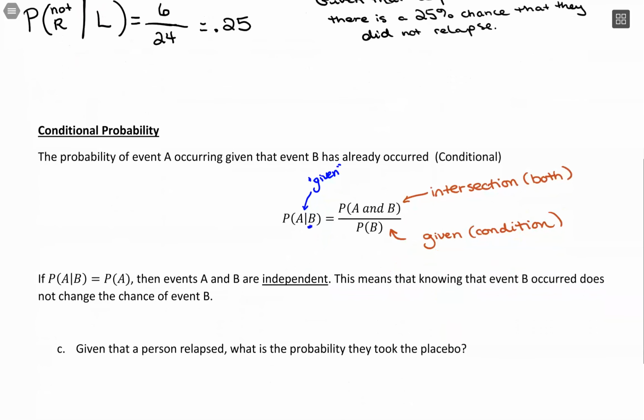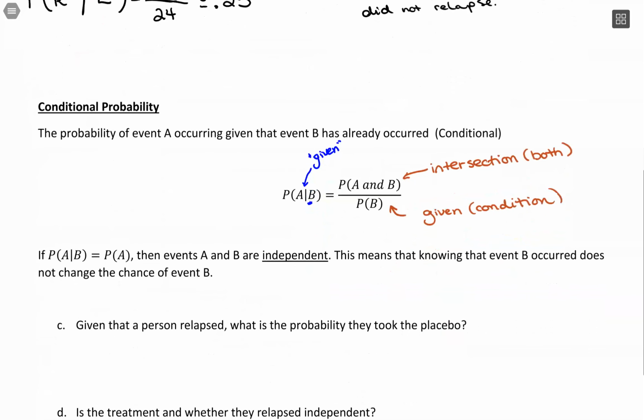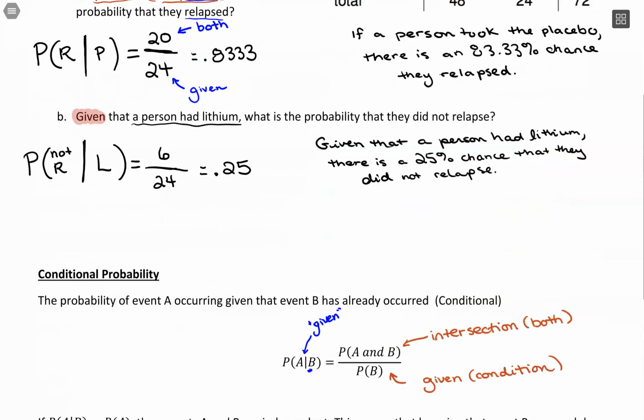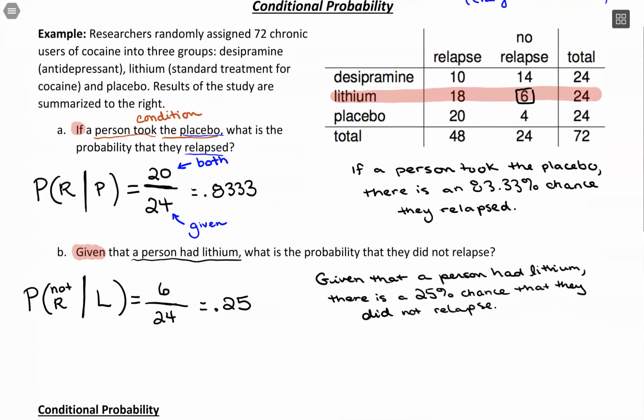I'll talk about independence in a second, but if we go to part C here, it's asking for probability, and I see that word given, so I could immediately set up my probability notation like this, given that a person relapsed. So given that they relapsed, what's the probability that they took the placebo? This right here is very similar to part A up above here, but the order is switched.